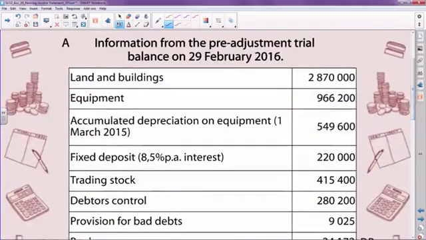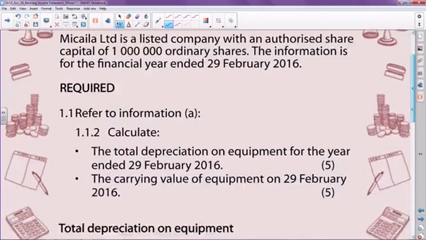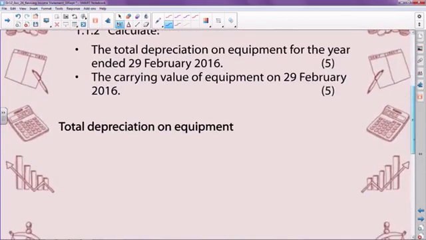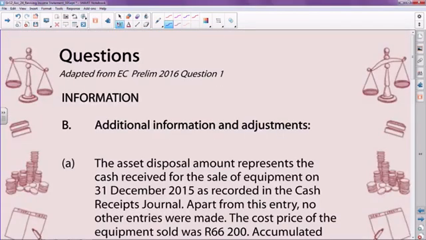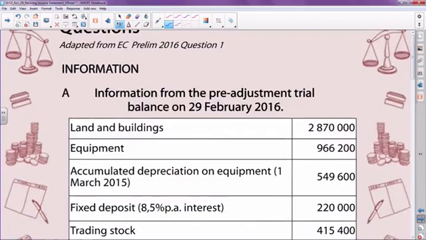Okay, let's go on to the next part of the question, where we are asked to calculate from the information the total depreciation on equipment for the year ended the 29th of February. Right, starting off with my balance that I have in my equipment account, 966,200.